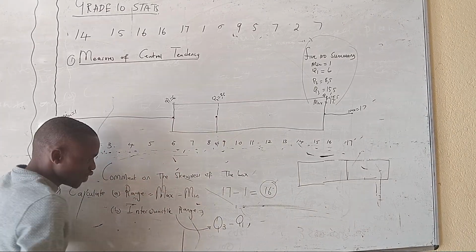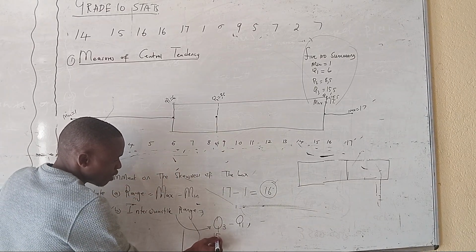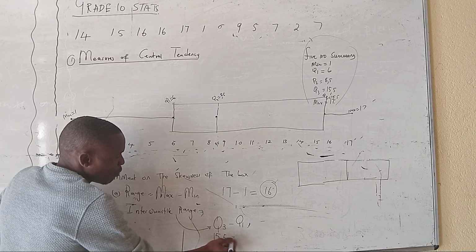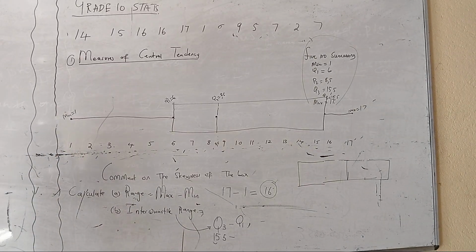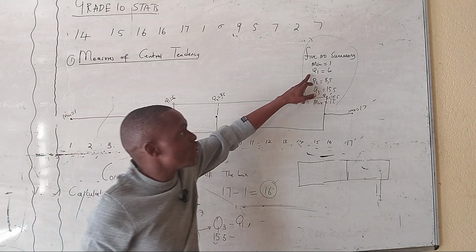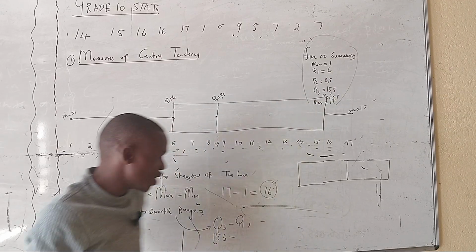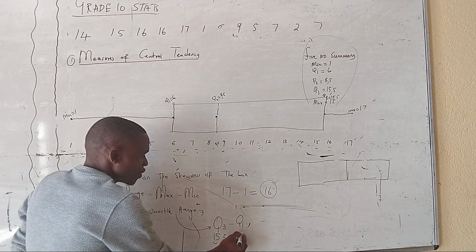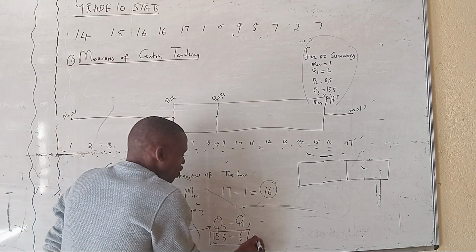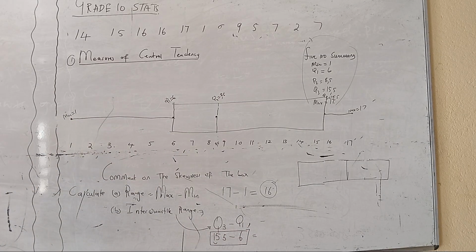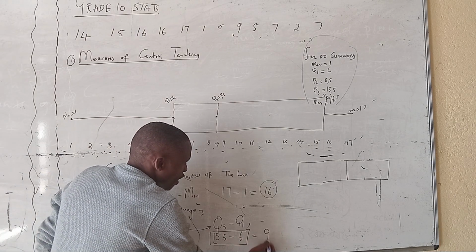So you say 15,5 minus your lower quartile. How much is your Q1? 6. Which means that the interquartile range, the difference between Q3 and Q1, is 9,5.